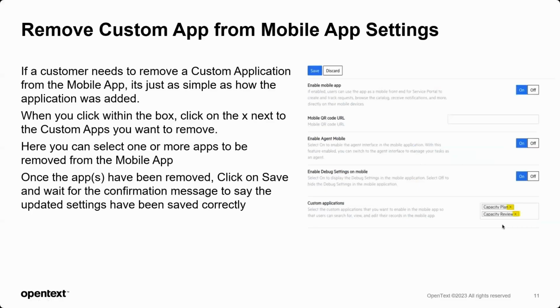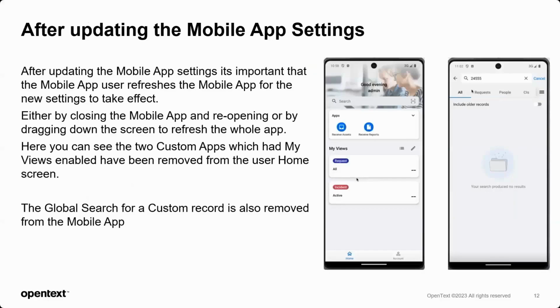After updating the mobile app settings, again, it's important to make sure that the actual mobile app itself is refreshed. Once you've refreshed the app, you can also see here that the My Views have been updated, and with that the capacity plan and capacity review record types are no longer on the My View screen.